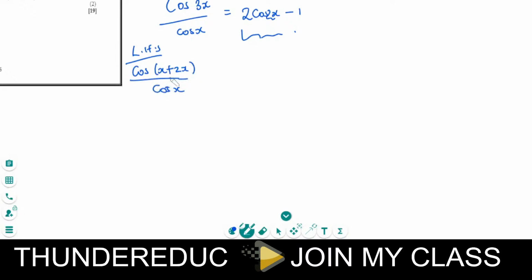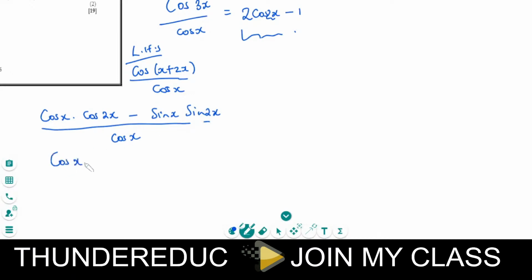So from the compound angles, I'll expand that. And then I'll have the cos of x cos 2x minus sine of x sine of 2x, divided by the cos of x. Then I can change the sine of 2x into 2 sine x cos x. So this is going to be cos x times the cos 2x minus the sine x times 2 sine x cos x.